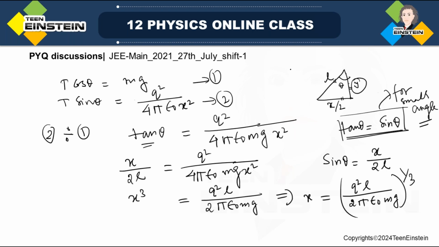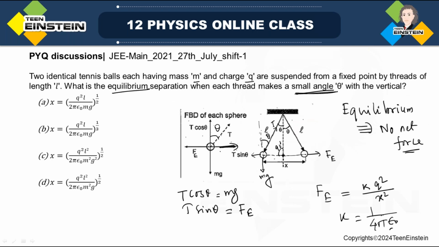So guys, you can understand how to solve this problem. So first of all, you have to see all the forces acting on each of the tennis balls, and then you have to carefully draw the free body diagram. After drawing that, you have to actually see how each force is going to be balanced.